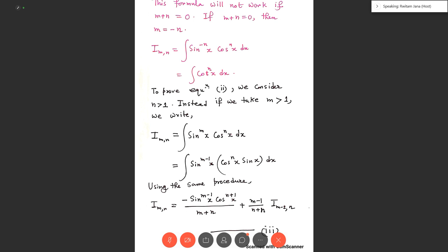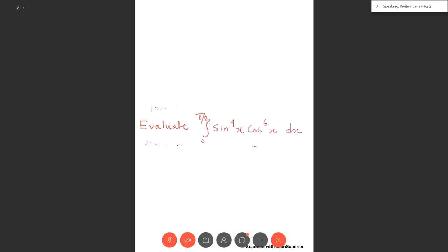In my next class, I hope I can finish the reduction formula part, as there is only one thing left in this chapter. Now you have to solve this problem and tell me the answer, so that I can understand whether you understood my lecture.